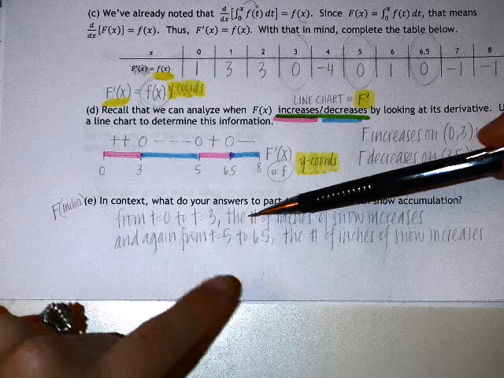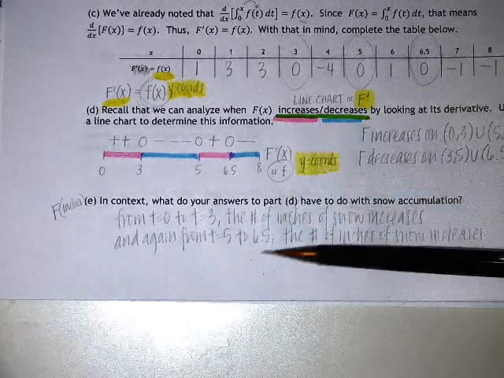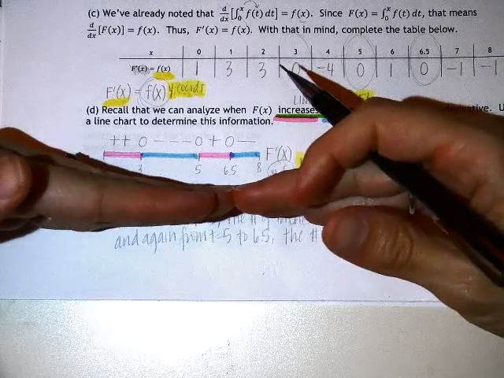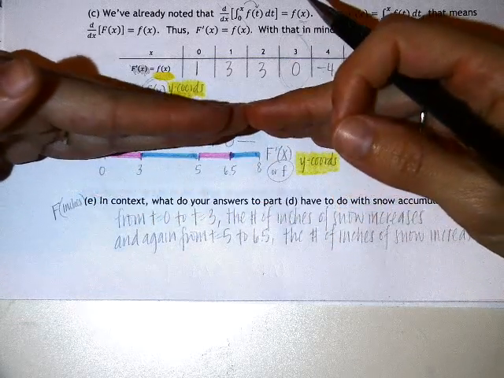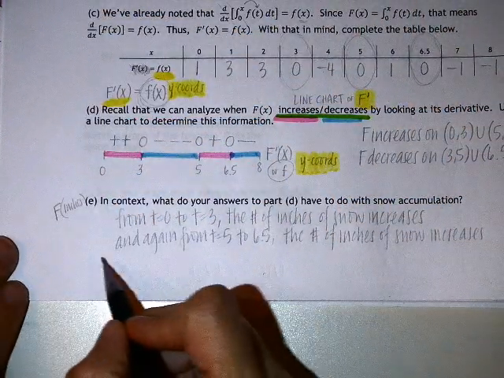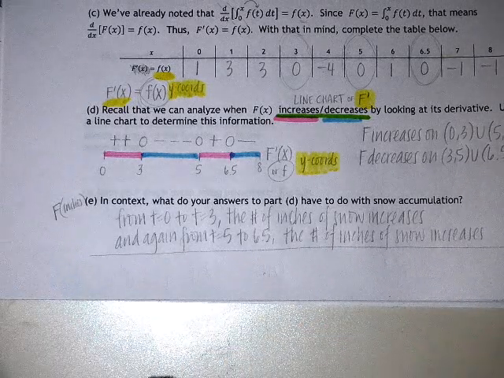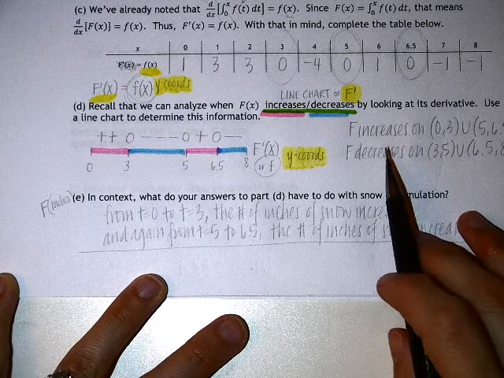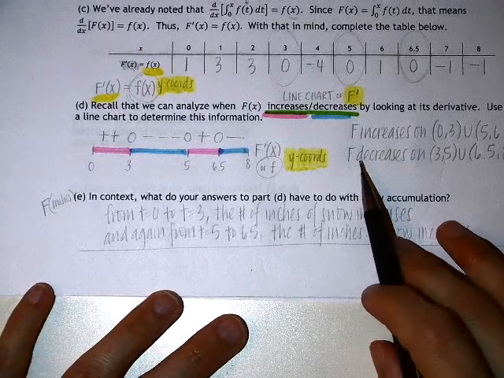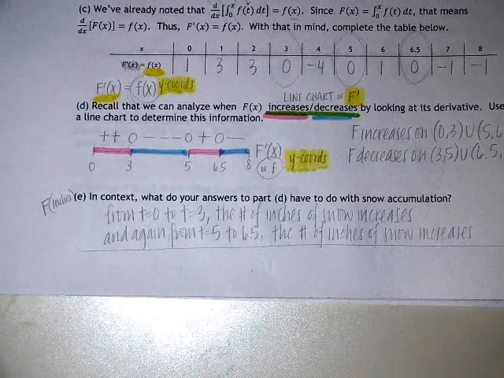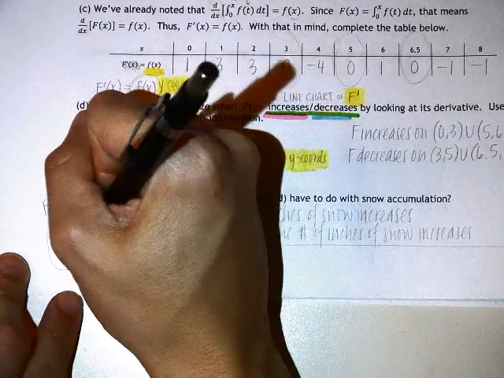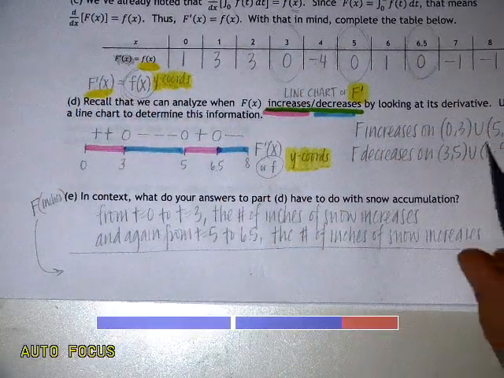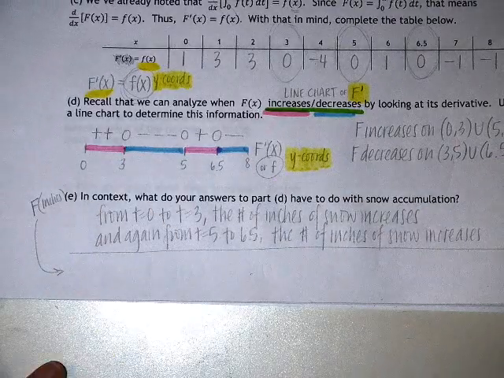So, from time 5 to time 6.5, again, you would be looking out the window and watching the amount of snow increase and increase and increase. So, likewise, if we think about the other answer that we have, what could be happening to the snowfall when big F is decreasing? So remember how big F is inches? Replace that phrase, big F, with the word inches.